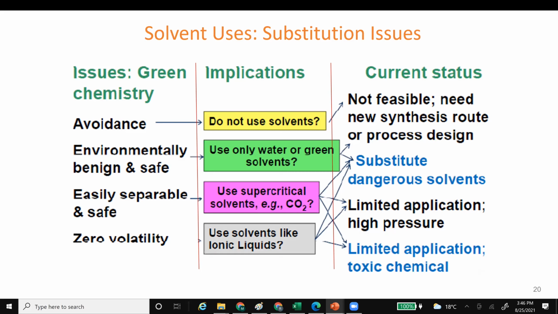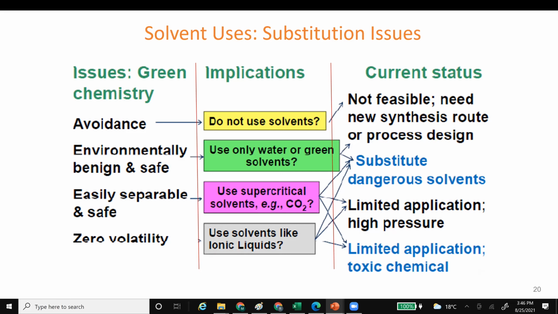If we want to avoid solvents, we need to find reactions, we need to find separations that do not require solvents. Unfortunately, we have not found them yet, so we need solvents. About environmentally benign and safe, can we use water or green solvents? Water, as I said, many compounds are not soluble in water, so water will not solve all the problems for us. Green solvents, yes, but a different category.